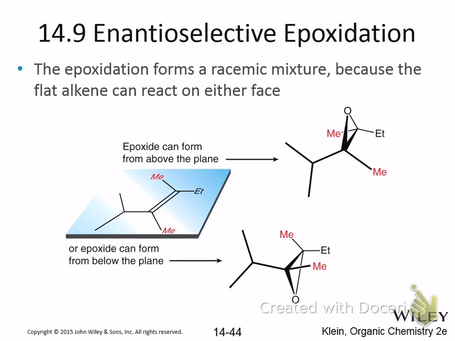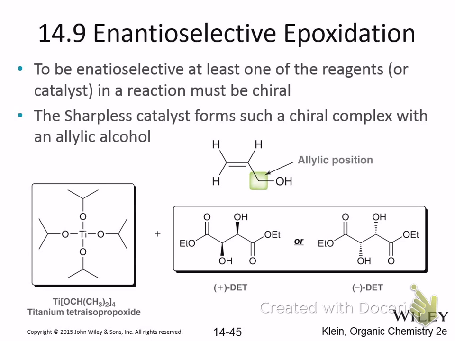So one of the big advances in synthetic chemistry was the ability to not form both, but just form one. Okay? So when you form one, the way it's done is known as the Sharpless epoxidation reaction. Now the Sharpless reaction requires that in the allylic position to the double bond, you have an OH group.